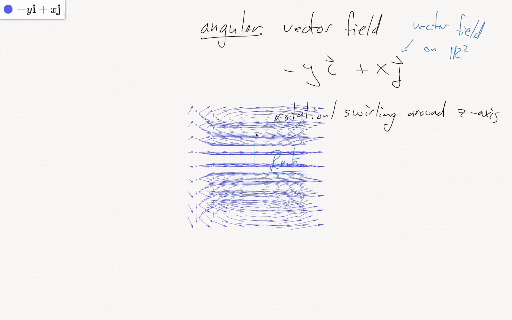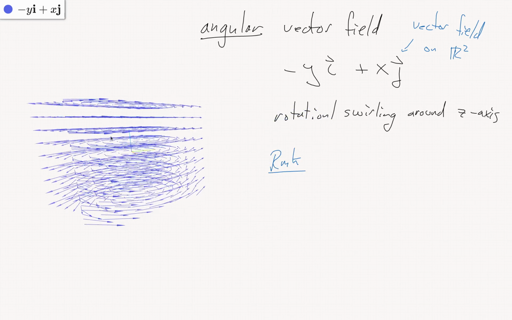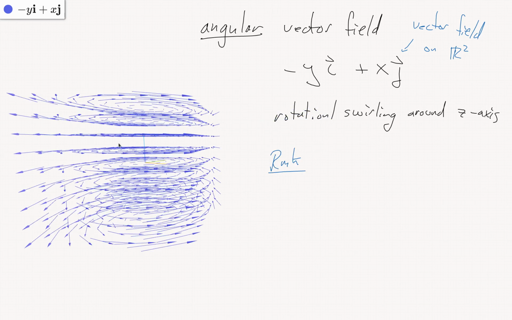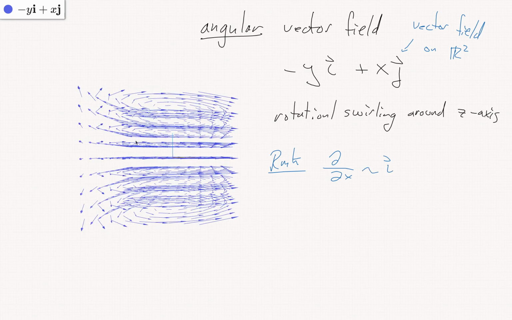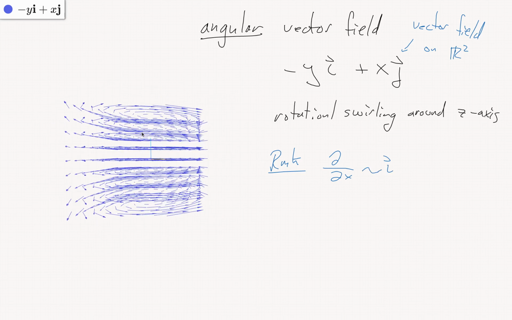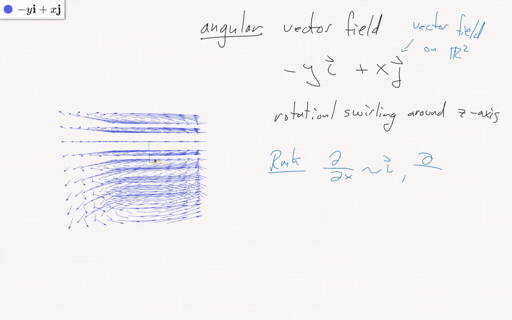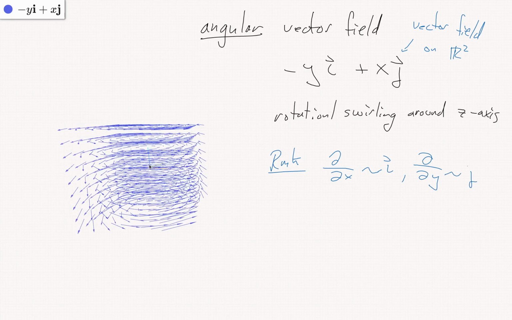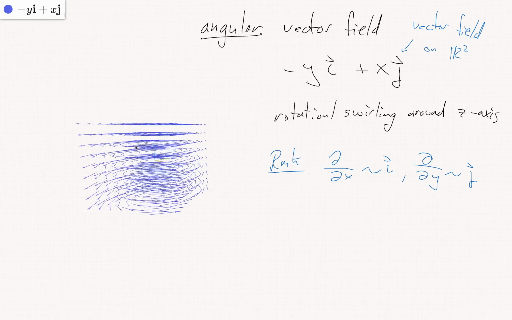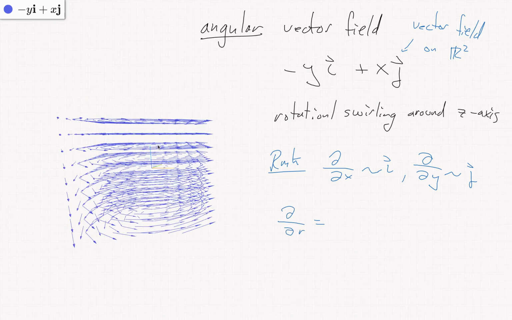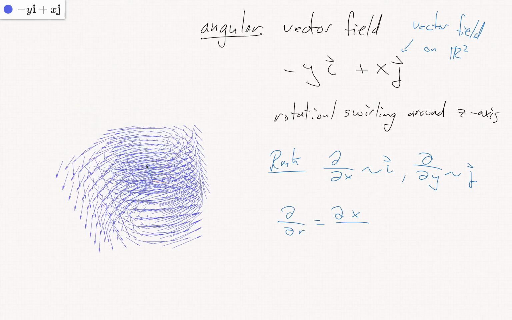I should mention where this angular and radial vector field come from. So in the differential forms lecture, I said del by del x is kind of the same as the constant vector i, the constant vector field, which is i everywhere. And del by del y is essentially the vector field which is constant j everywhere. And so then del by del r, by the chain rule, is del x by del r, del by del x plus del y by del r, del by del y.